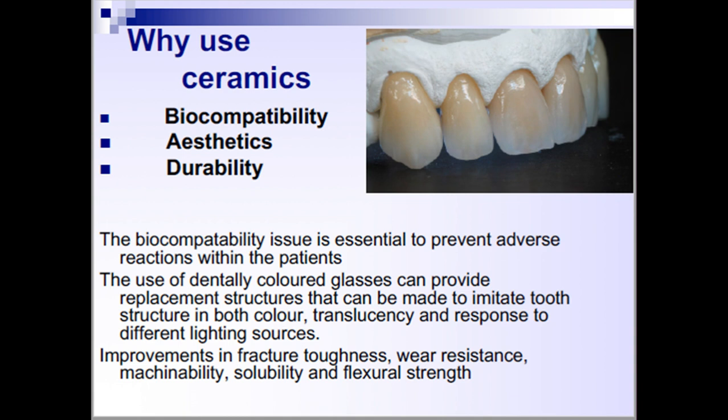So we have feldspar, then alumina, then kaolin, then quartz. We have different oxides of non-metals, that is from sodium, potassium, and calcium. Then metallic oxides, which can be tin oxide, barium oxide, titanium dioxide, zirconium dioxide.